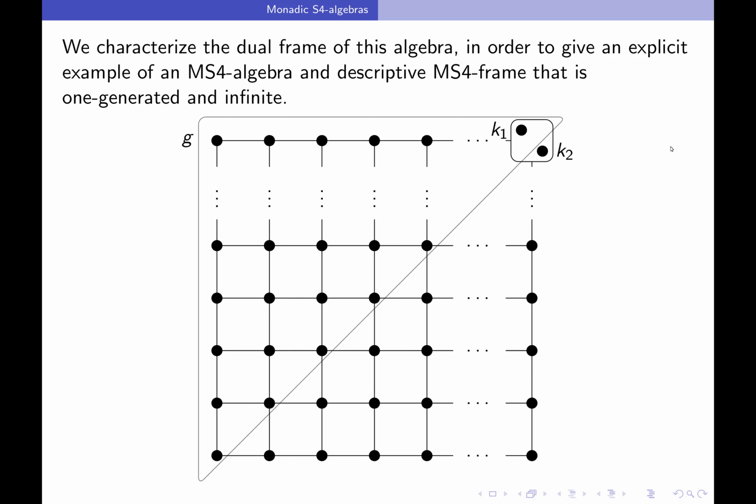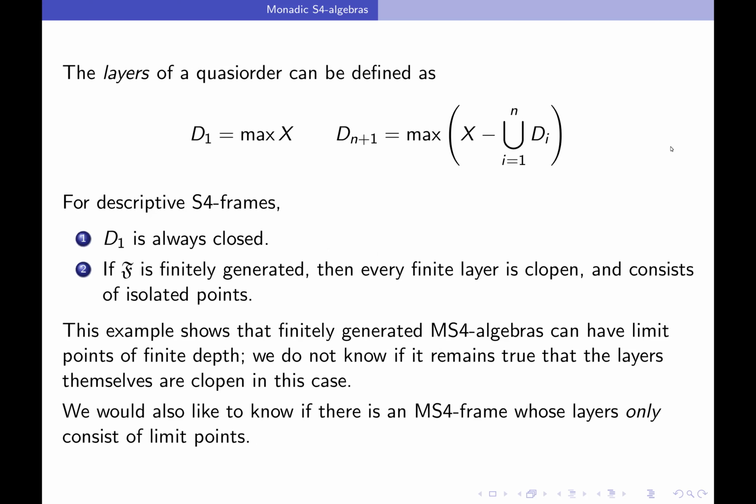And the topology here is actually pretty interesting. We describe this as a certain sort of 2-point compactification of a locally compact space to get this picture. So anytime I have a quasi-order, I can talk about its layers, right? And how I do that is I take the maximal points. Now, you may complain already that for an arbitrary quasi-order, there may not be any maximal points.